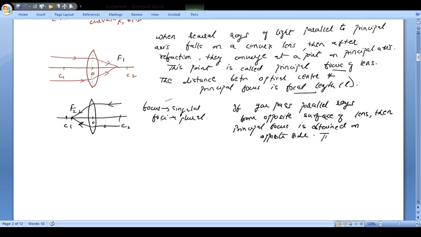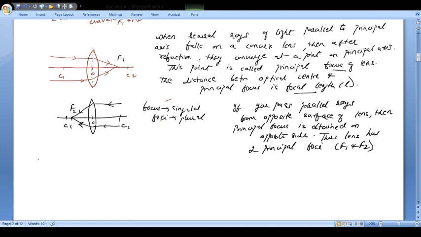And thus lens has two principal foci, F1 and F2. I hope this part is clear to you. So if they ask you in the exam why the lens has two principal foci, I hope this explanation you can give.